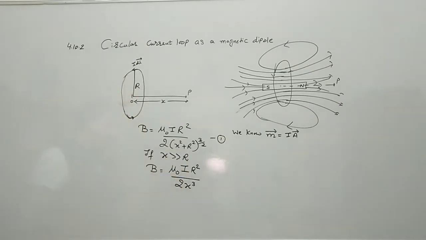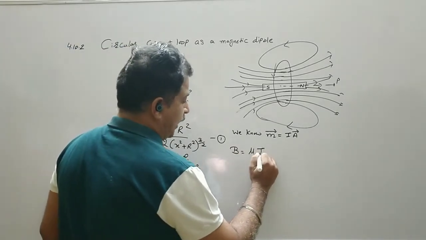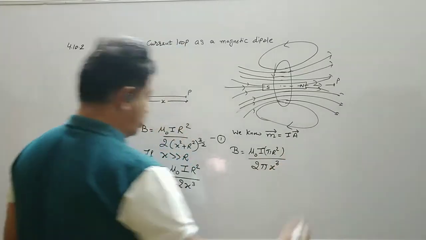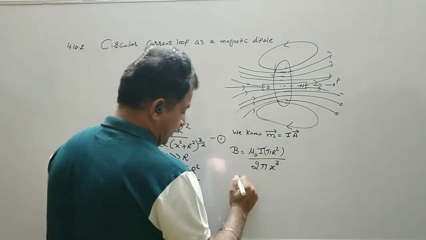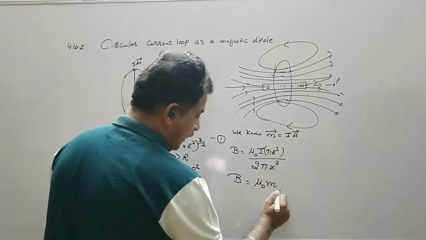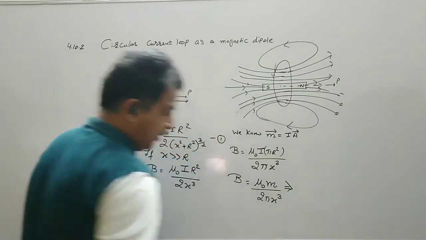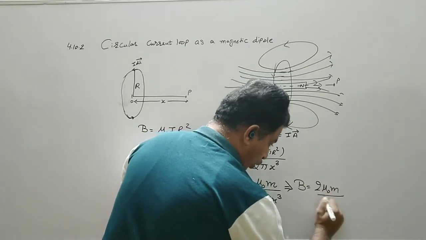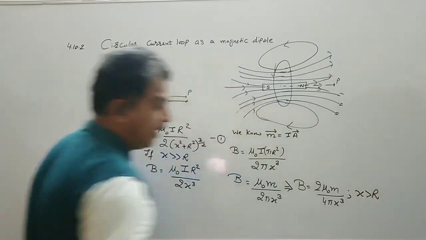Here pi is missing, so if we multiply and divide by pi, the magnetic field intensity would be mu naught I pi r square upon 2 pi x cube. Now this is I into A. So B is equal to mu naught M, that is I into A, divided by 2 pi x cube, which can be written as B is equal to 2 mu naught M upon 4 pi x cube for x greater than the capital R.